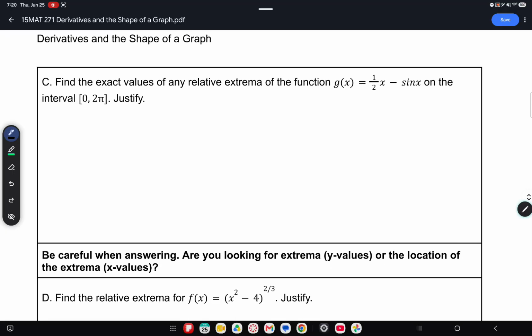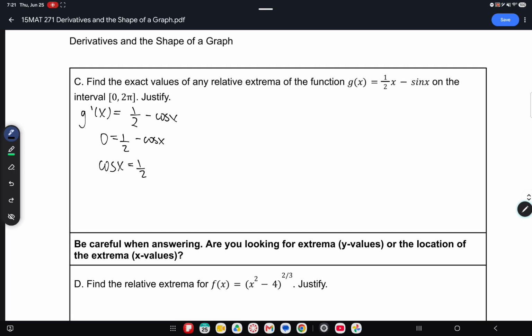Find the exact values of any relative extrema for this function on the interval 0 to 2 pi. All right, so I need a derivative. So it's going to give me 1/2 minus cosine of x. So I set that equal to 0. I get cosine of x equals 1/2.